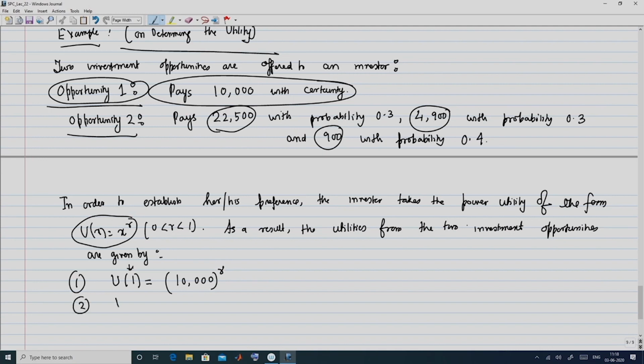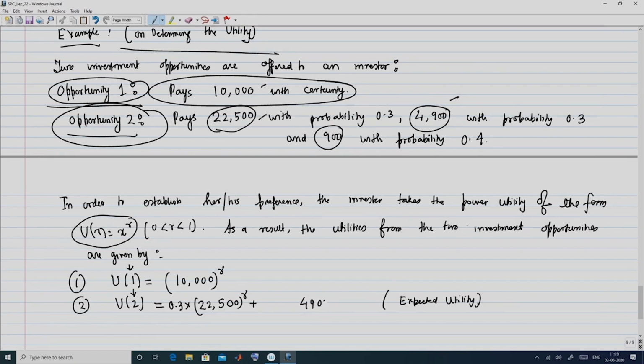And in the second case, u of 2, that is the utility for opportunity 2, is going to be given by the expected utility, and this will be given by 22,500 raised to gamma multiplied by the probability 0.3, plus 4,900 raised to gamma multiplied by the probability 0.3, plus 900 raised to gamma multiplied by the probability 0.4.